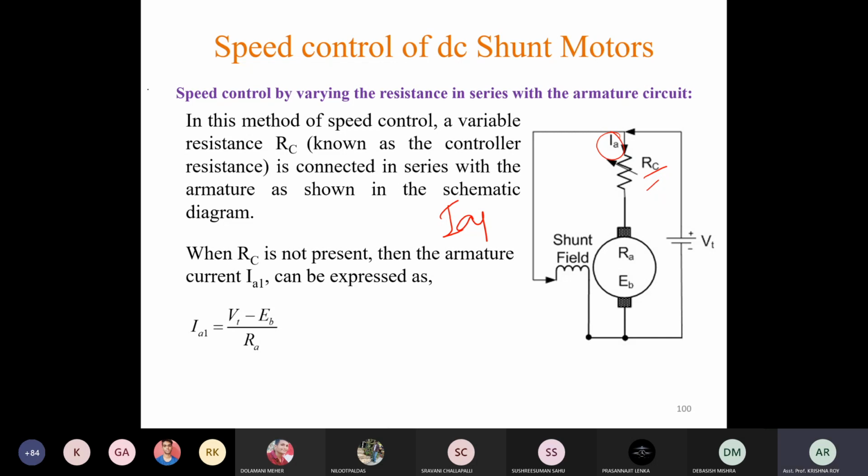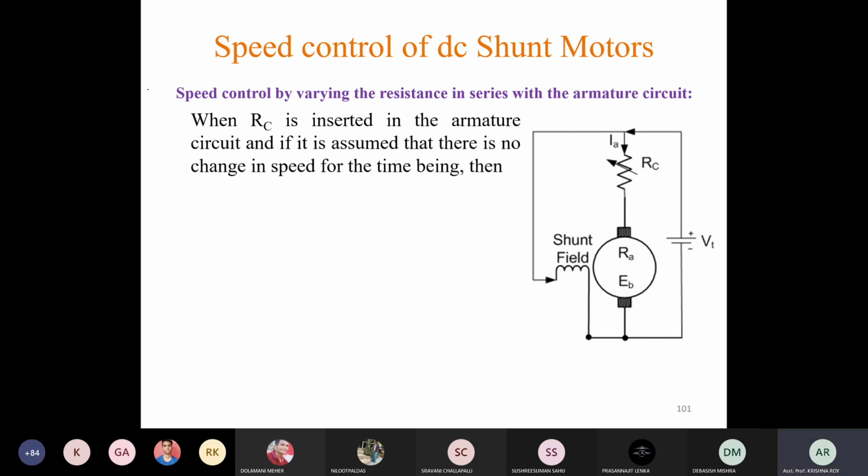This is the initial value of armature current, which we can write as (Vt minus K phi omega m1) by Ra. So for this value of armature current, the speed is omega m1, because the other parameters are constant.